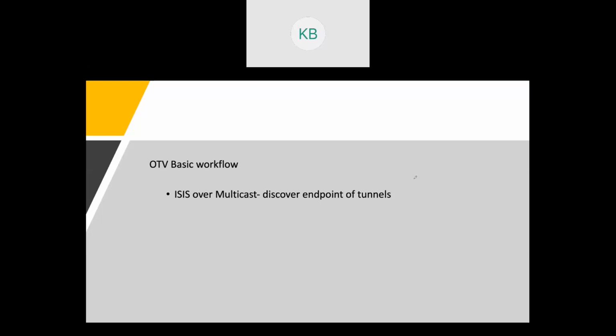To begin with, when you configure OTV in the multicast mode, you do not hardcode the destination IP like you do for GRE. Using the multicast, it discovers the tunneling points dynamically. Once the tunnels are formed and the ISIS routes are advertised, your prefixes and MAC addresses are all advertised using the ISIS protocol.